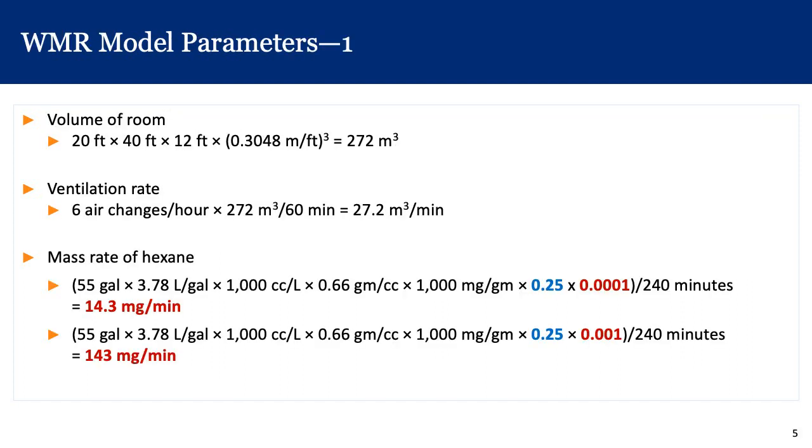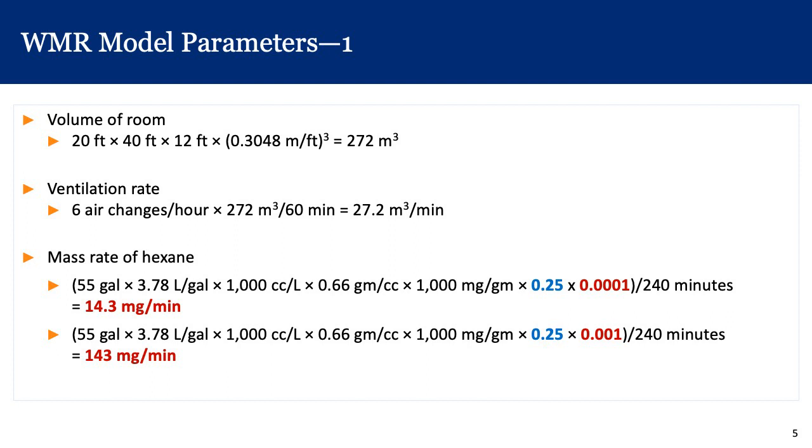So we can use our well-mixed room model. The volume of the room we can calculate as 272 cubic meters. The ventilation rate, we can convert the 6 air changes per hour to 27.2 cubic meters per minute. We can now calculate the mass rate of hexane as 55 gallons times 3.78 liters per gallon times 1,000 cc's per liter. Then we multiply by the density of hexane, 0.66 grams per cc.